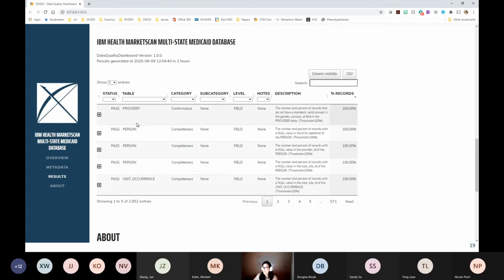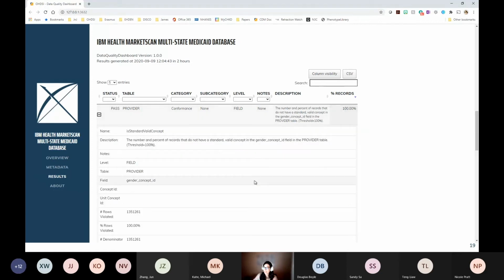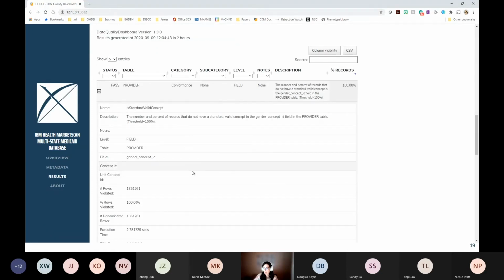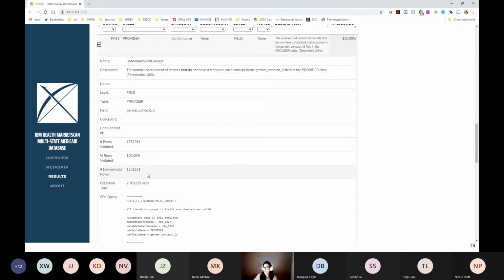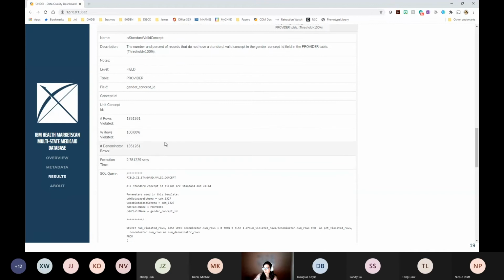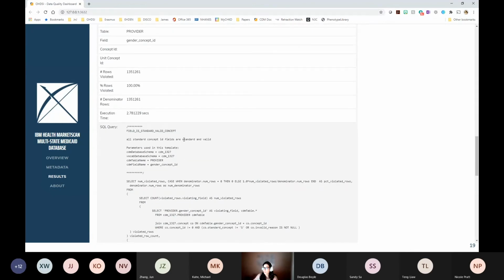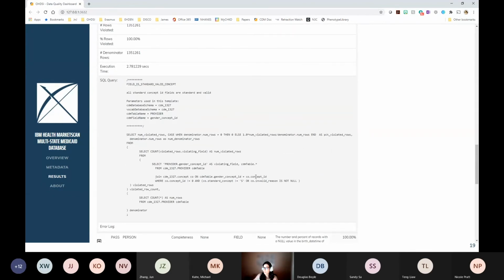So, for example, each row here represents a data quality check that was run on this data, and you can see there's a lot of passes, which I'm happy about. But one nice thing is if you expand it out, it gives you a lot more information about it, like the number of rows, the number of denominator rows, and then it also gives you the query that was run.